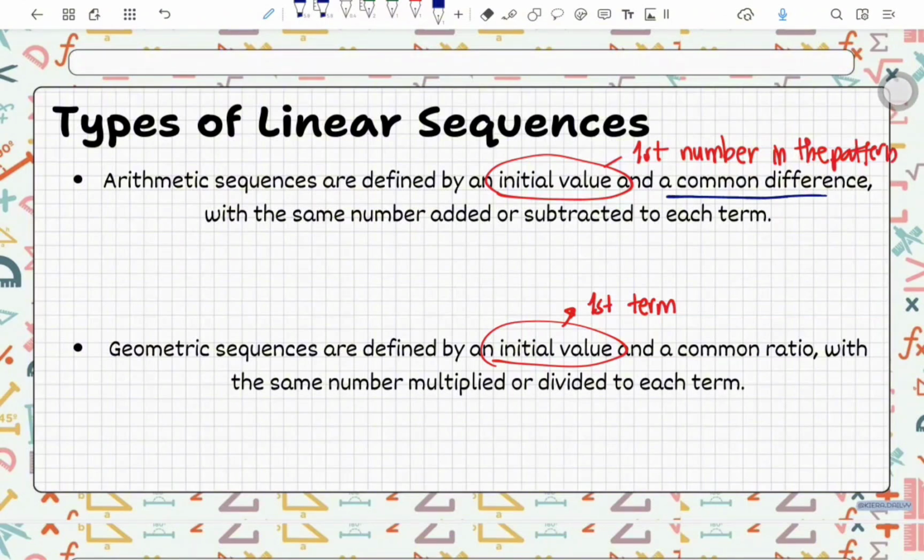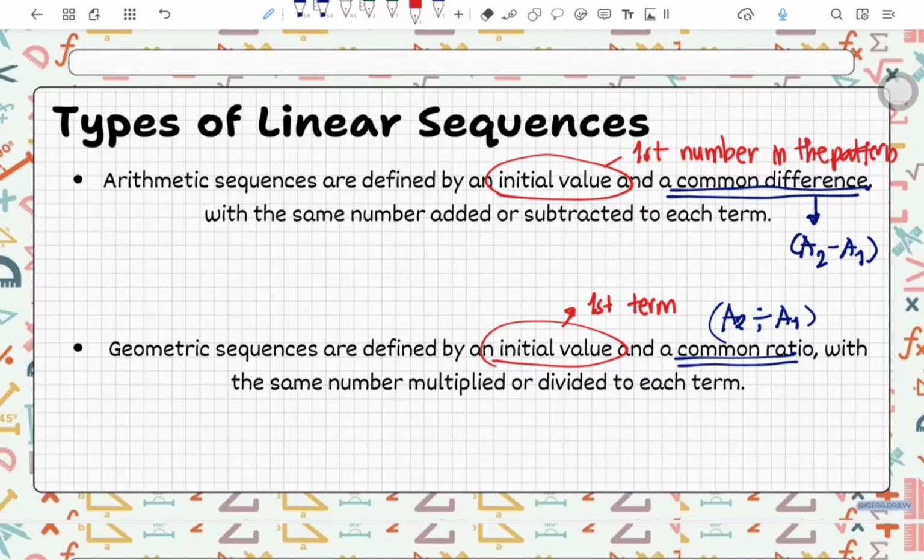In arithmetic sequences, the common value is the difference, the answer for subtraction: the second term minus the first term. For geometric sequences, the common ratio is obtained by the second term divided by the first term.